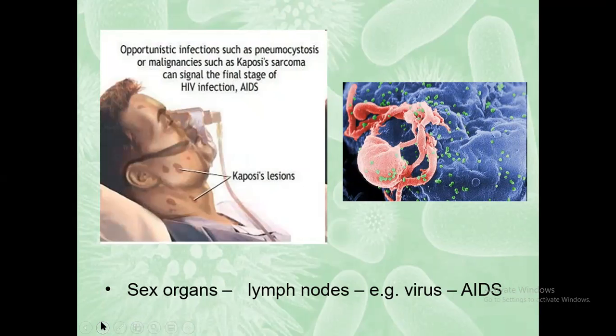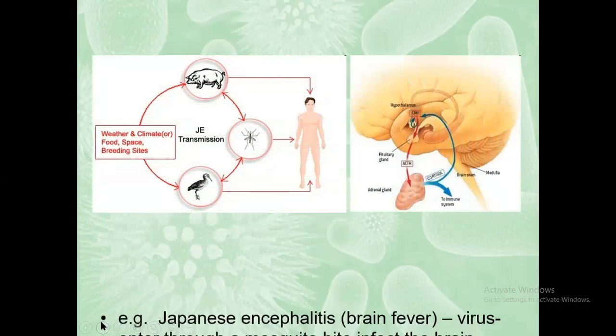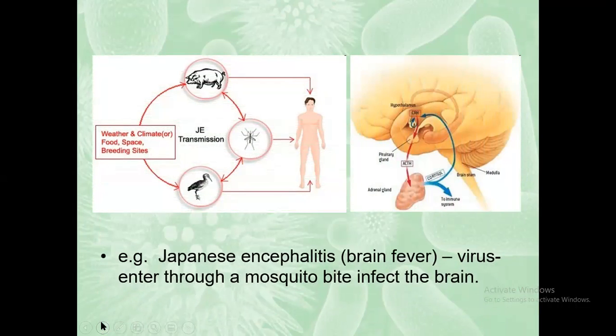So this AIDS virus will enter via lymph nodes. Some other examples, like Japanese encephalitis. This is a type of brain fever. This is a viral disease because it is caused by a virus. This will enter through a mosquito bite and infect the brain.